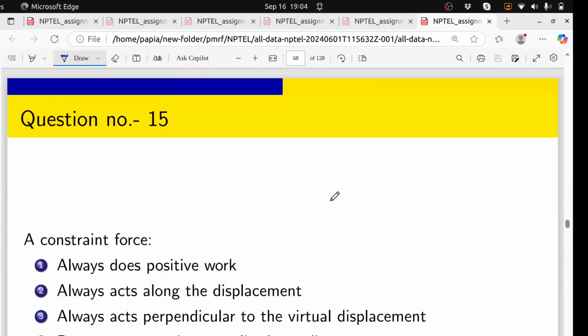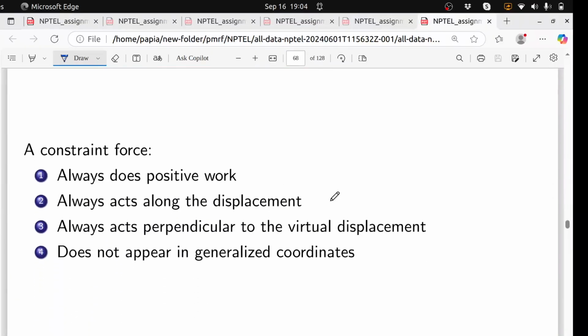Now coming to 15. A constant force always does positive work, always acts along the displacement, always acts perpendicular to the virtual displacement, or does not appear in generalized coordinates. So obviously we told that this one is the correct one. Why?